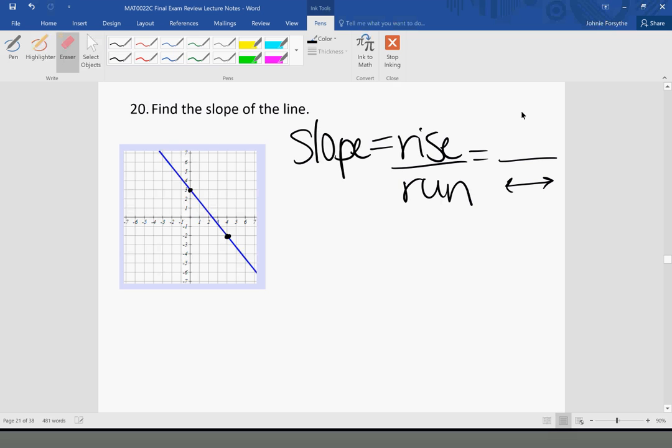So let's do up and down. If I go from here to here, I'm going to go 1, 2, 3, 4, 5 down. So that would be negative 5 as the rise.